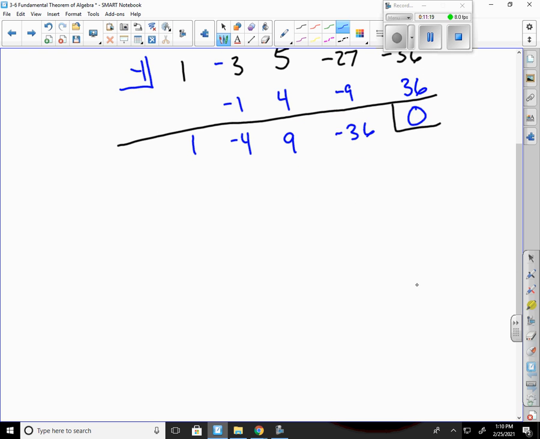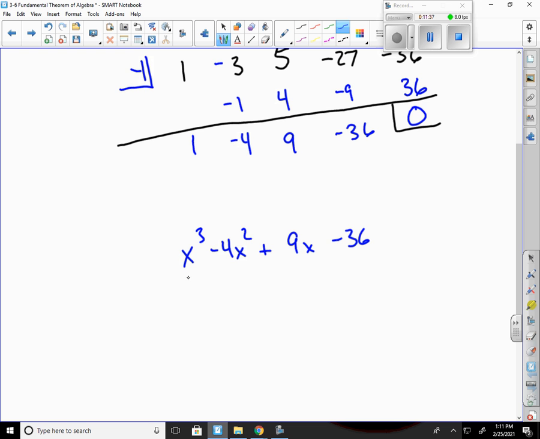Let's backfill: -36, 9x. That's a positive, so it stays plus. -4x squared, and then 1x to the 3rd.